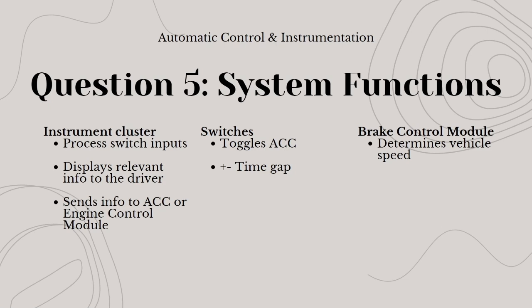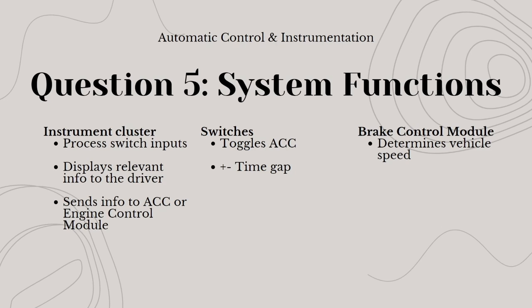And it also helps to send info to the ACC or engine control module about the state of the car. It also helps to display text messages for warnings, like sensor warnings or low tire pressure warnings and whatnot, to the driver.